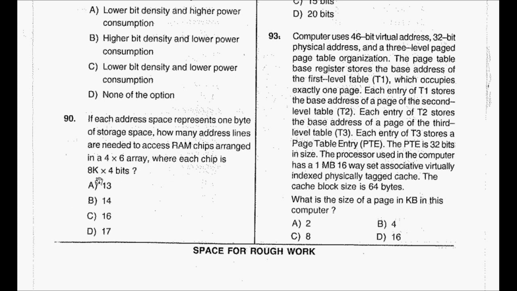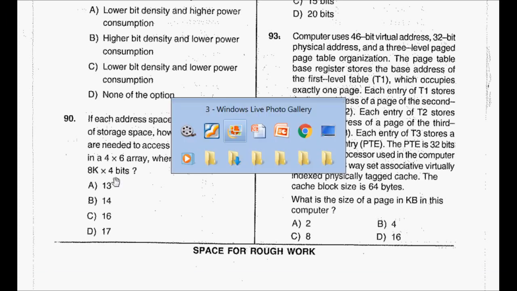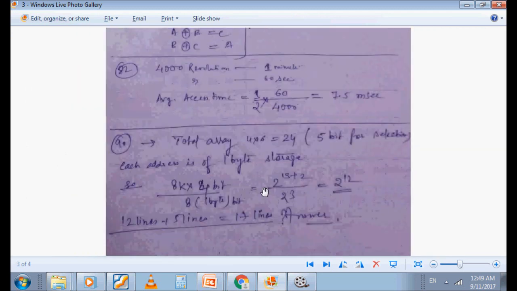Okay, each chip is 8K x 4 bits, and we have 1 byte of storage space. So we convert 1 byte of storage space into bits, that is 8 bits. So in total we have 8K x 4 divided by 8, so that is 8K x 4.